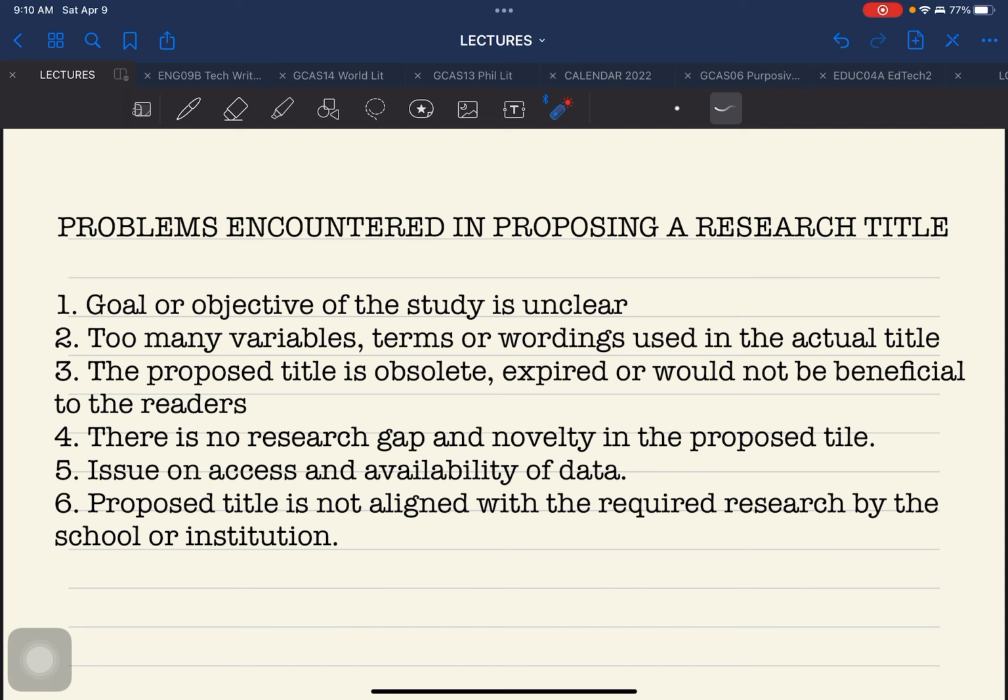Another example is there are schools that also do not allow the submission of research that is classified as qualitative. There are different reasons why schools do not allow qualitative: financial reasons, because it costs too much compared to other research, and the duration that you need in order to finish qualitative.